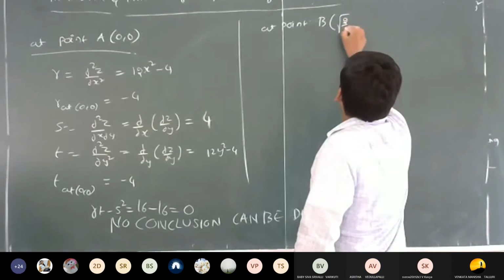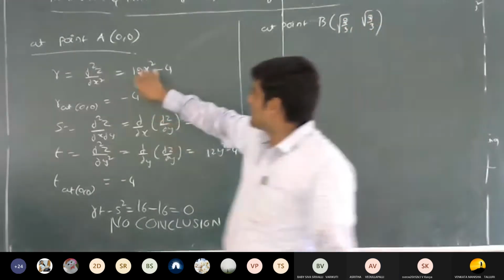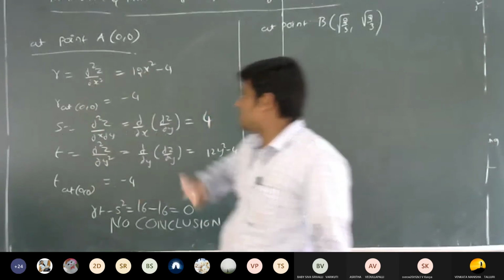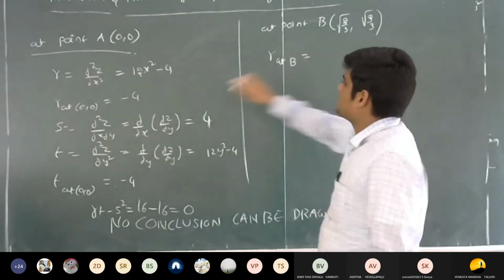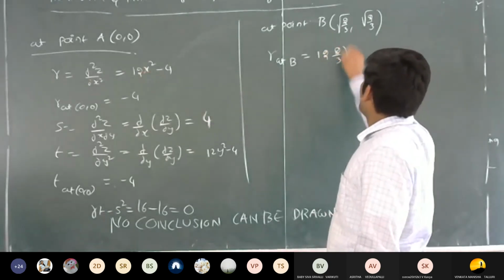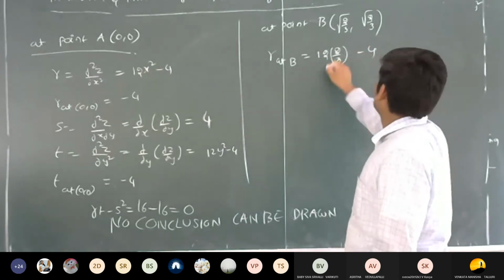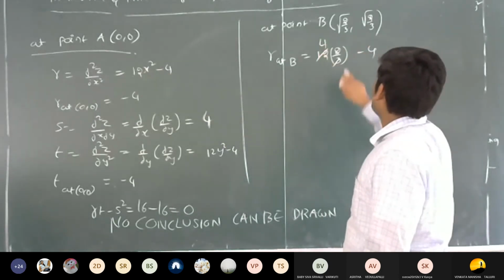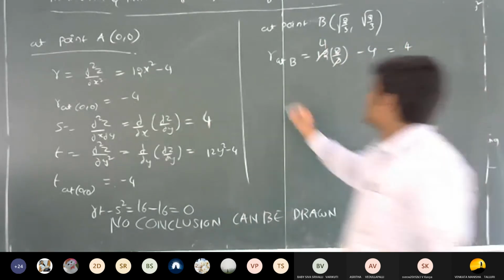So you need not calculate r, s, t values again. You just calculate r at B, substituting here: 12 into 2 by 3, that is x² means 2 by 3, minus 4. So this is 4.